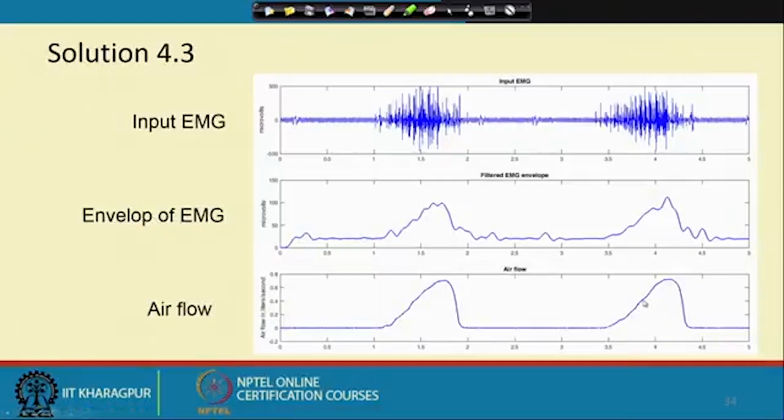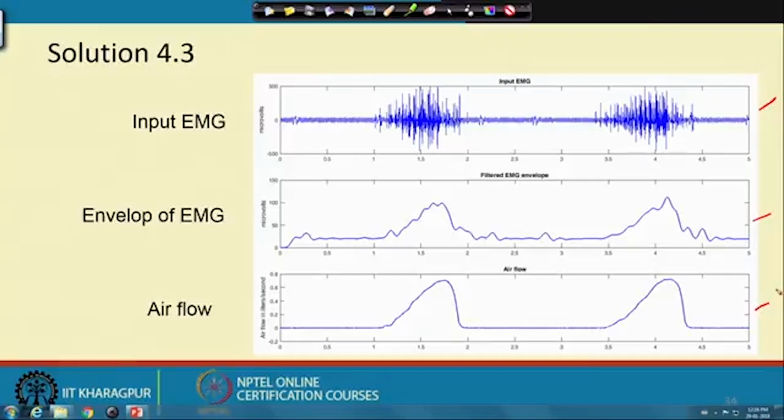Here we are showing, at the top, the EMG signal, which is the input, then the envelope of the EMG using full wave rectification, and here the airflow.